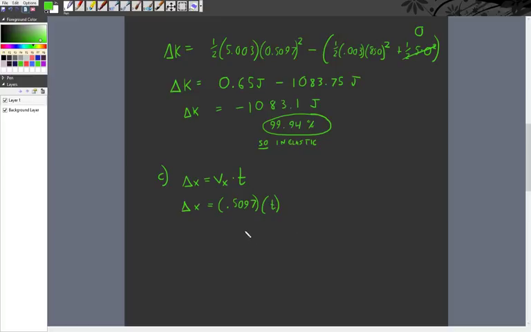And the time is going to be equal to the square root of 2 times the height, which is 1 meter, divided by 9.81. I'll skip the algebra at this point. The time is just equal to 0.4515 seconds.